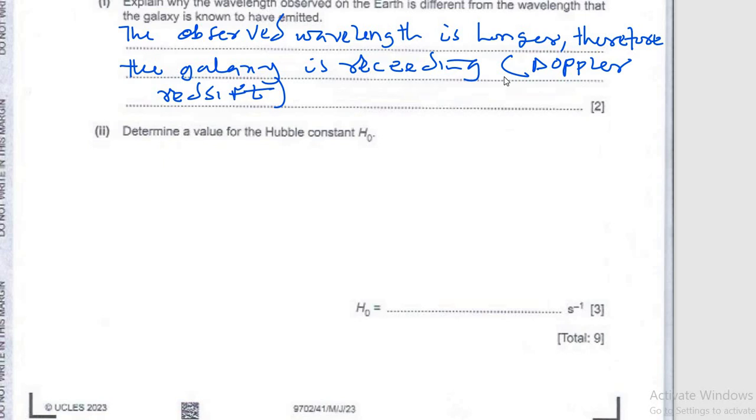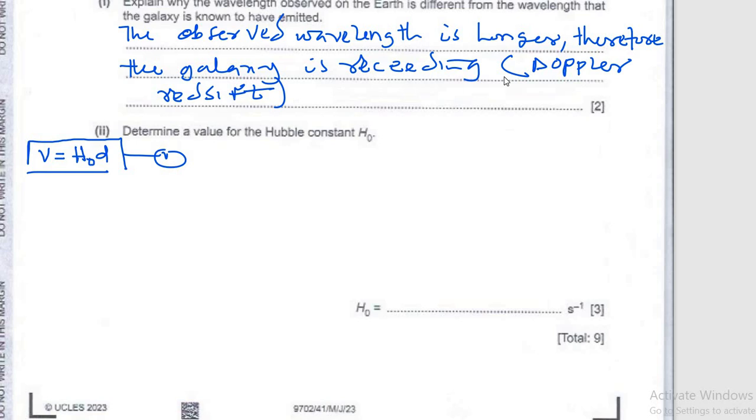Okay, the 3-mark question. Now, from Hubble's law, we know that the receding velocity is proportional to the distance. So first, receding velocity is equal to Hubble's constant multiplied by distance, equation 1. Now, we need to get the value of velocity.